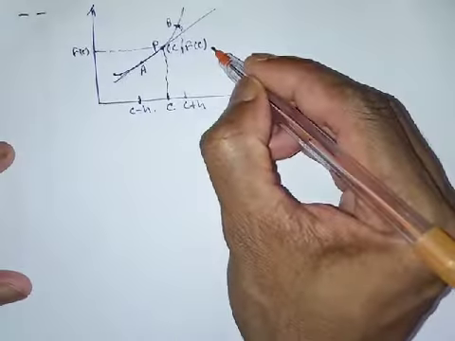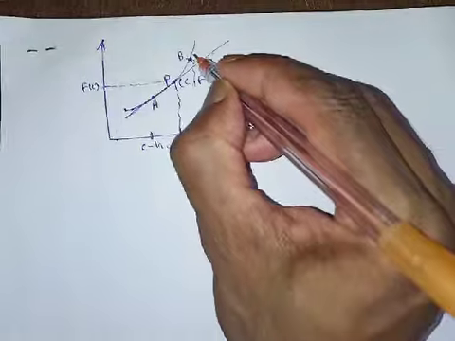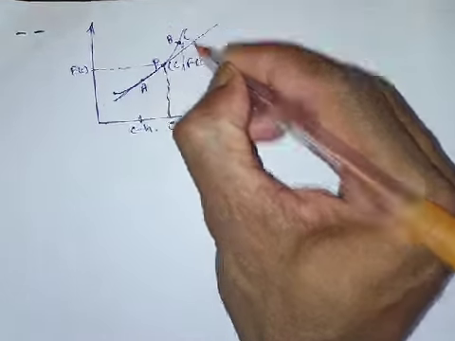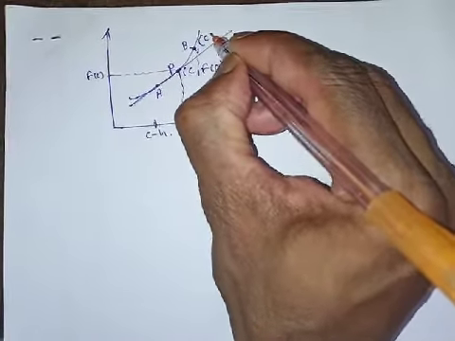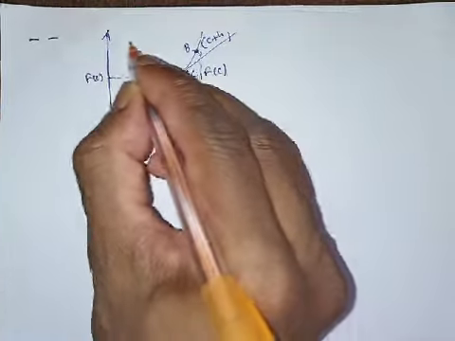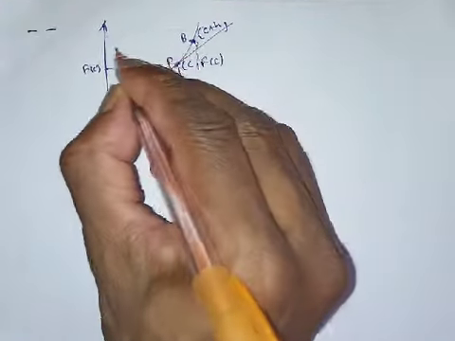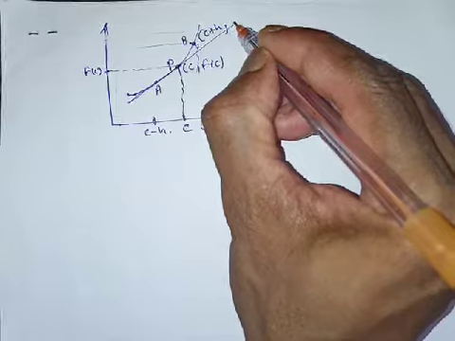So what will be the coordinate of B here? At x is C plus h, it is C plus h, and this is f.